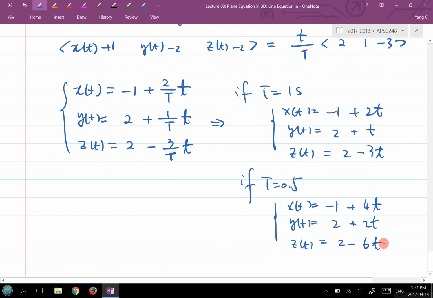So now you see, with a different value of capital T, we got absolutely different equations, right? By looking at the equations here, they're different. They're not the same. However, what are they describing?